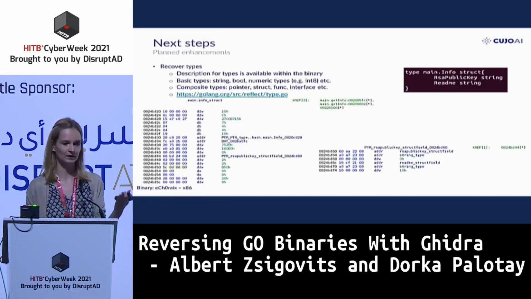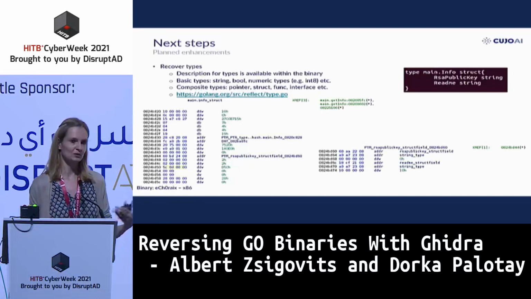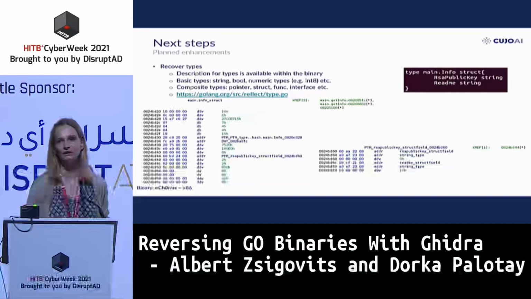Like in this example from EchoRX, there is the main.info struct, which consists of a public key and a readme string, and this is also stored within the binary. It is possible to recover these, which is very helpful when you want to analyze more deeply, or for example to see what is sent to the C2 server, where there is a structure containing all the information that can be sent, or what commands, for example, a botnet can get from a C2 server.